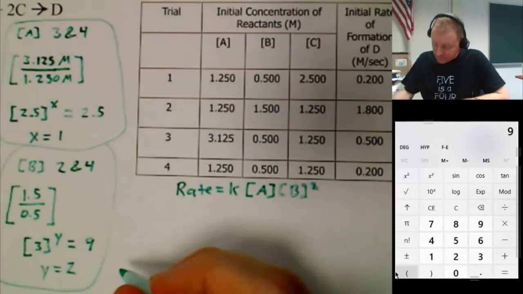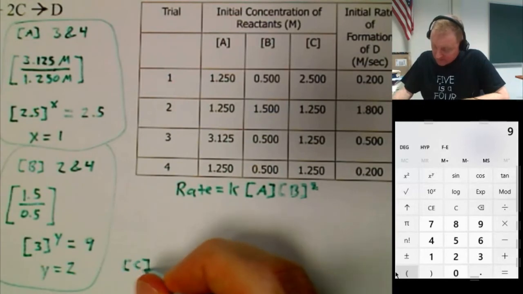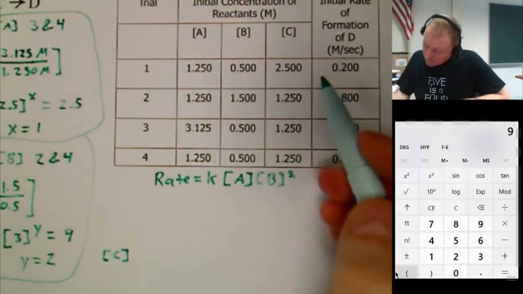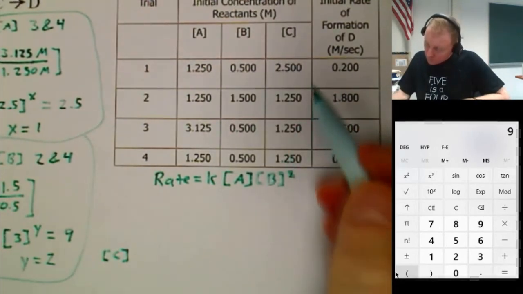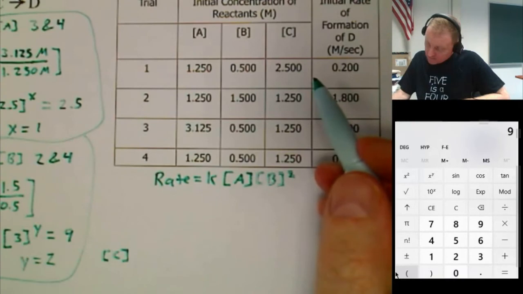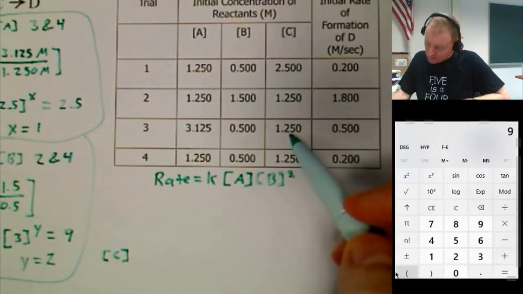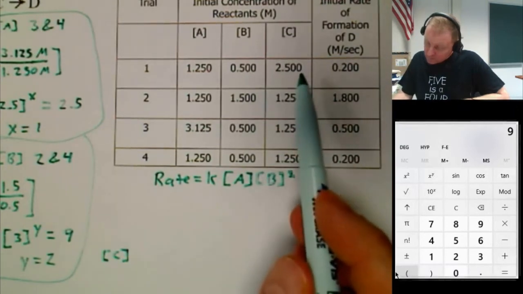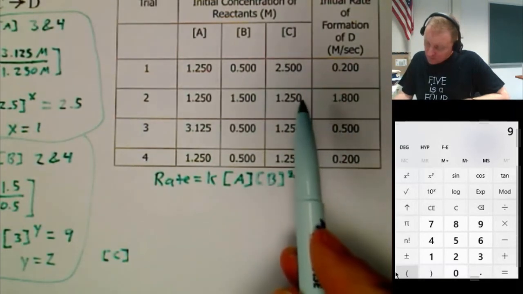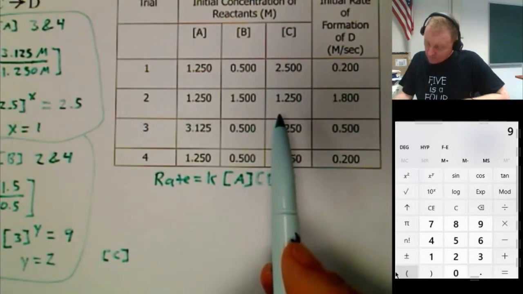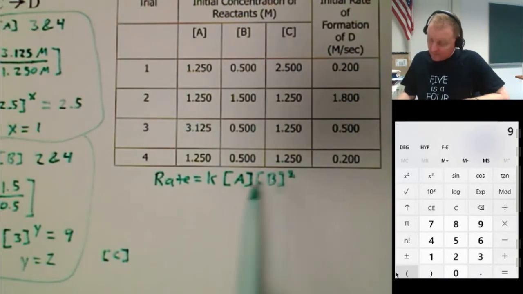Concentration of C. I like 1 because it's changed and these ones have not. 1 has the larger C. Okay, and 4.